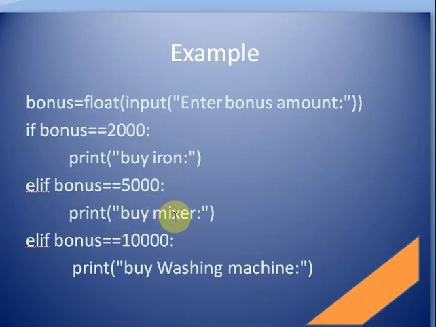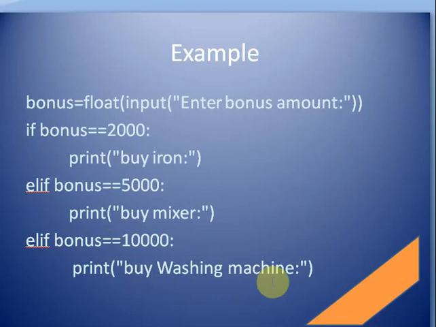That means 2000 is not matched with bonus, so this statement will be executed. If this bonus amount is 5000, it will print buy mixer. And if this condition is false, then this else if statement will be executed. Bonus value is equal to 10,000, then buy washing machine.